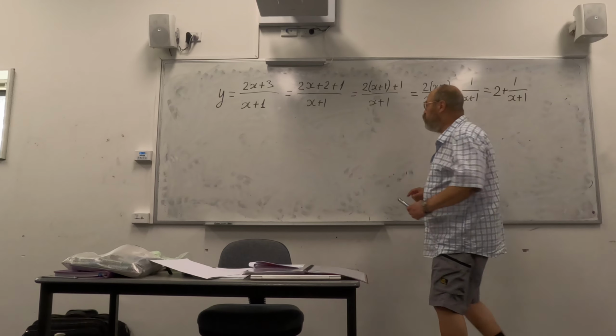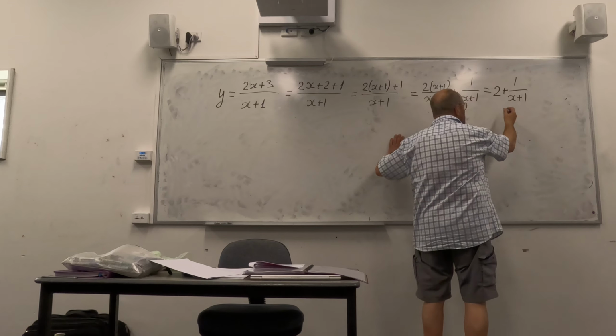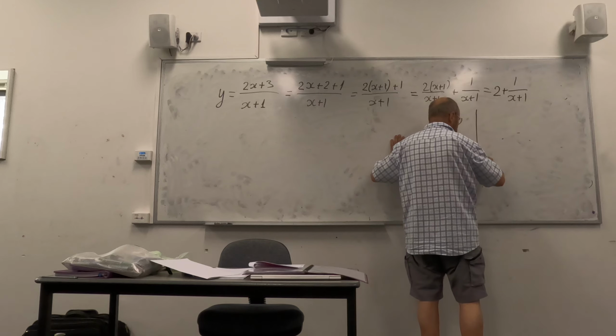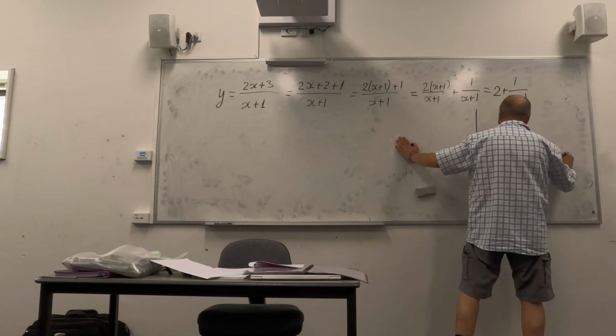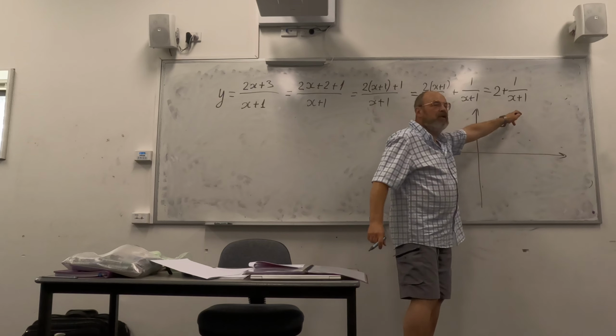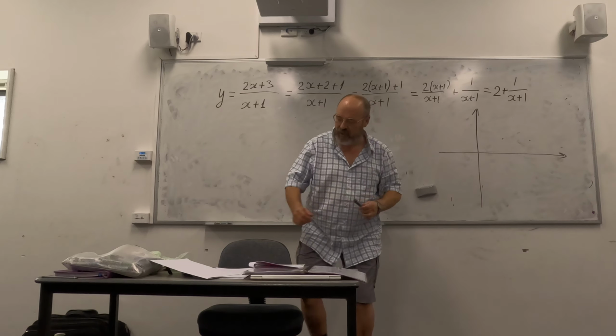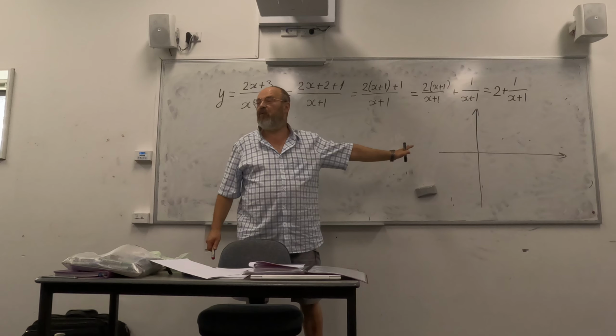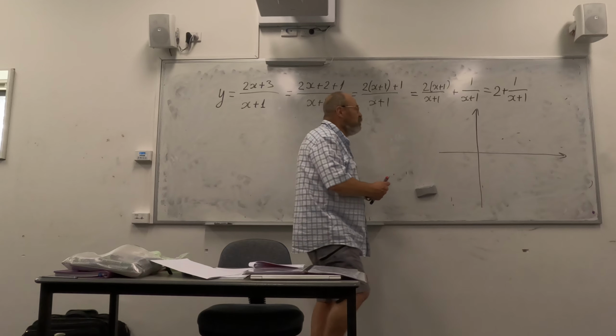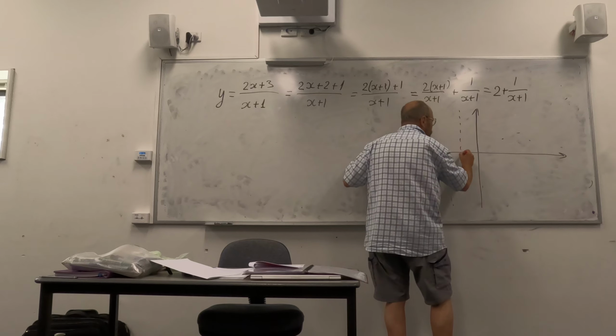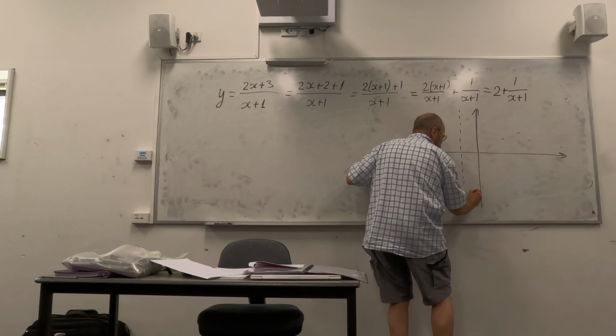Let's sketch it. What will be the asymptotes? What will be the vertical asymptote? Negative 1. Does everyone see that the vertical asymptote will be x equals negative 1?